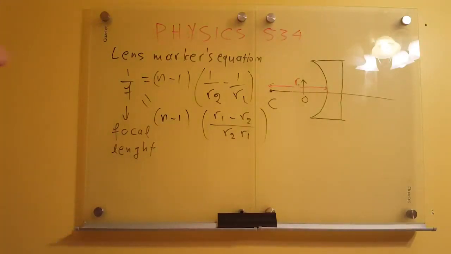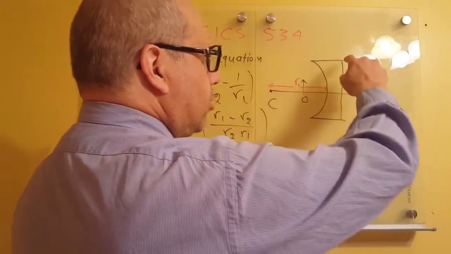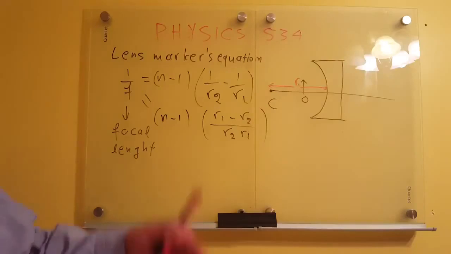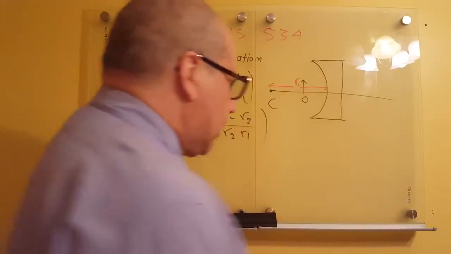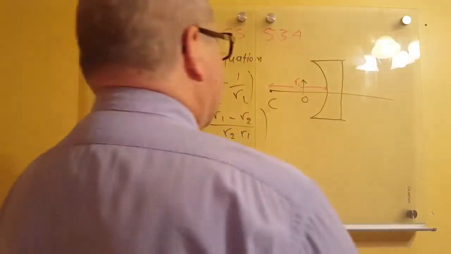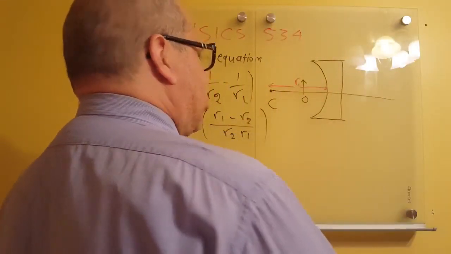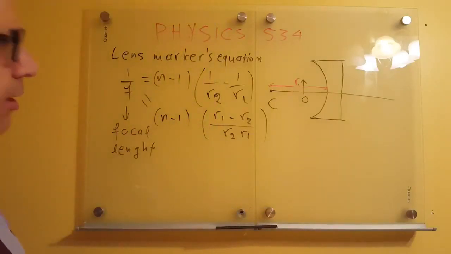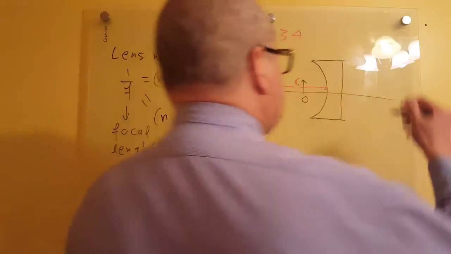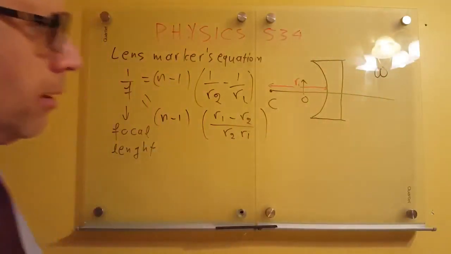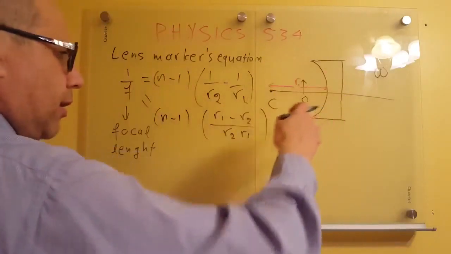And now, what about the center of curvature of this flat area? The center of curvature of this flat area is of course at infinity, and that's why the center of curvature of this is infinity. And of course, it doesn't matter if it's on this side or this side.